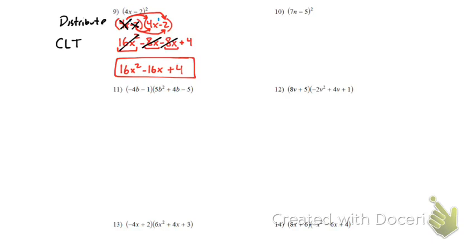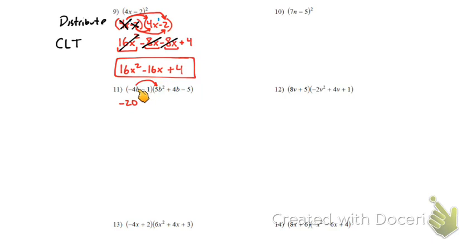So we're going to take the first polynomial, negative 4b minus 1, and we're going to take the first term and we're going to multiply with everything in the second polynomial. So here, multiplied there. And then just take it piece by piece. So we're going to do the numbers first. Negative 4 times 5. That gives me negative 20.